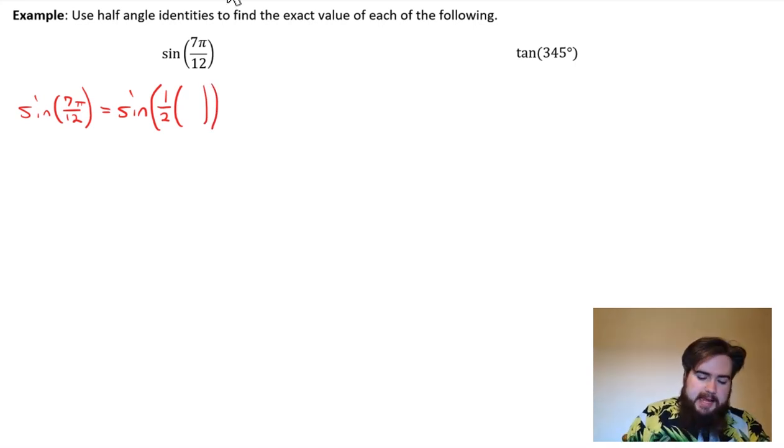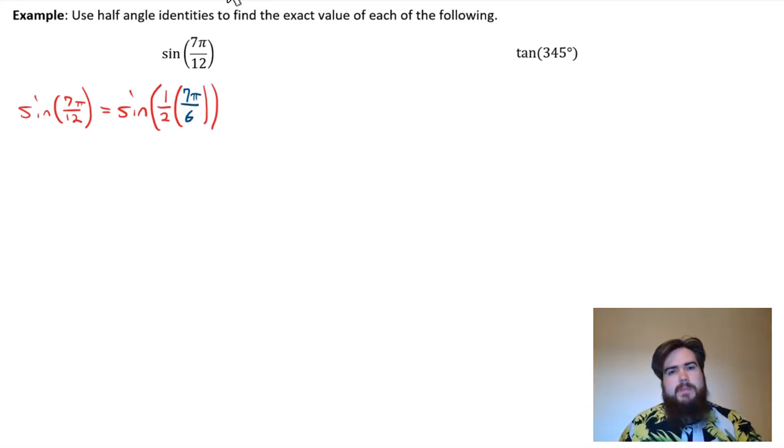What I have remaining, therefore, will be 7 pi over 6. This angle measure, 7 pi over 6, is the value that I will be using in the actual half-angle formula. This is why we do that step first.